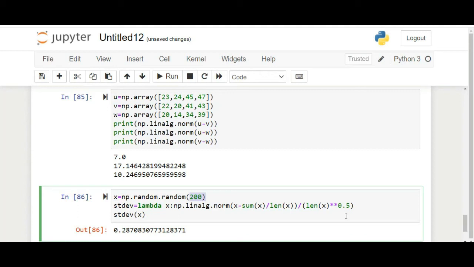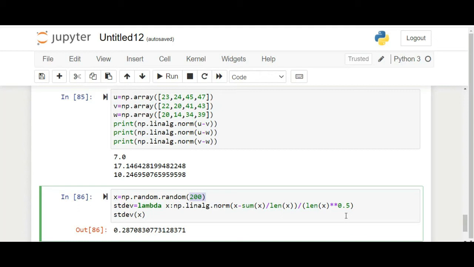Okay, so when we talk about the exact formula for the standard deviation, it is the summation of xi minus mu divided by n, the total number.